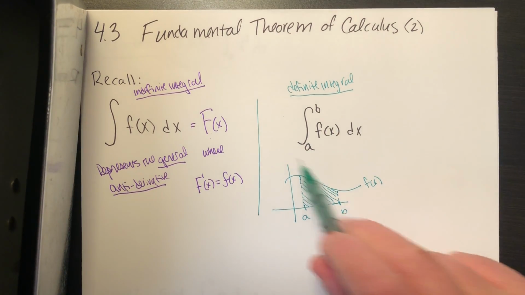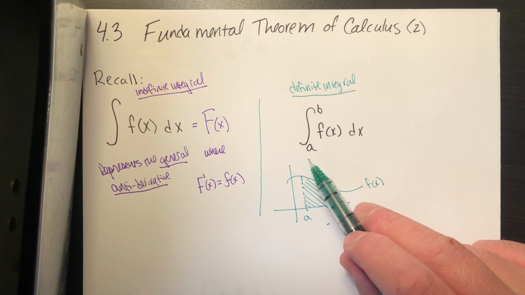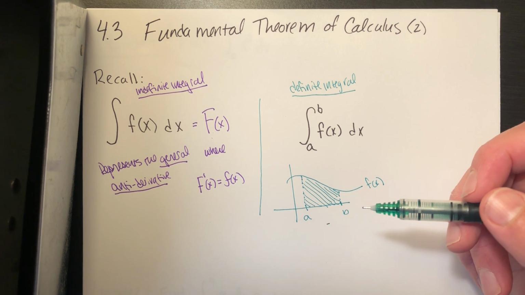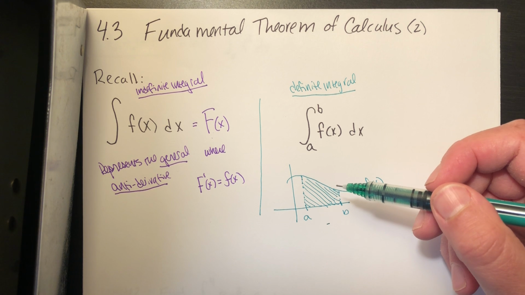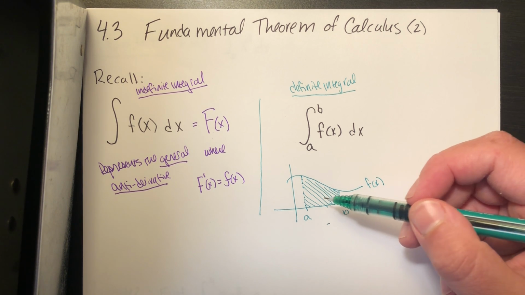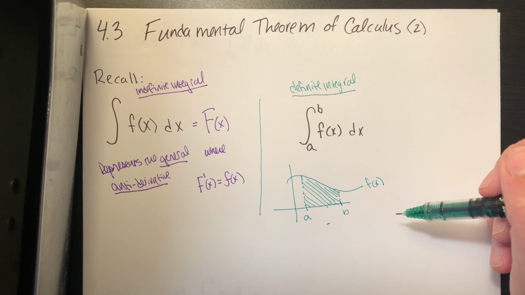All right, so this notation is going to denote some real number, because area has to be a number. Maybe it's positive, maybe it's 0, if there's 0 area there. It could even be negative because we consider it to be signed area. If your curve dipped below the x-axis, we consider that to be negative area.